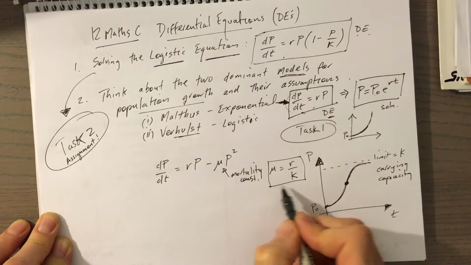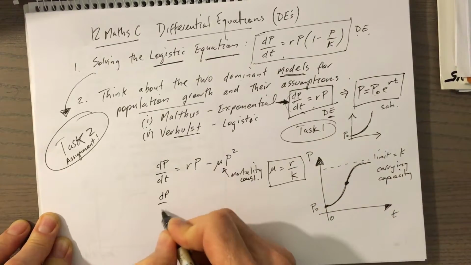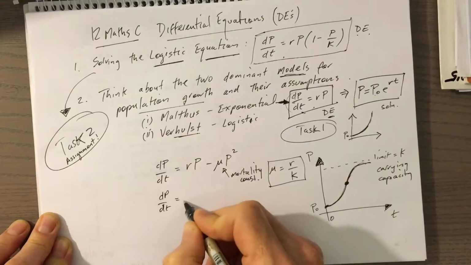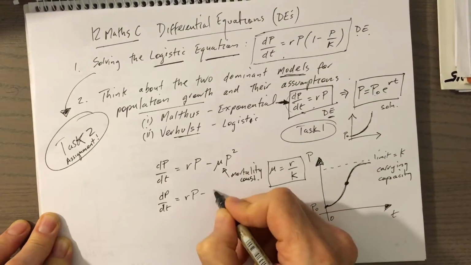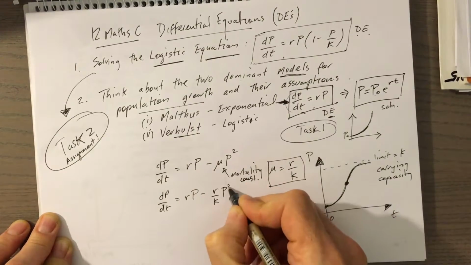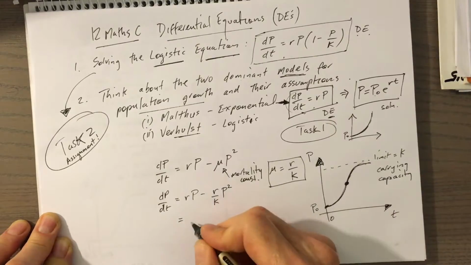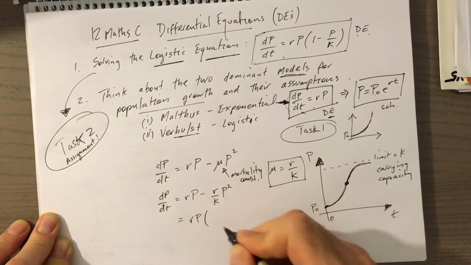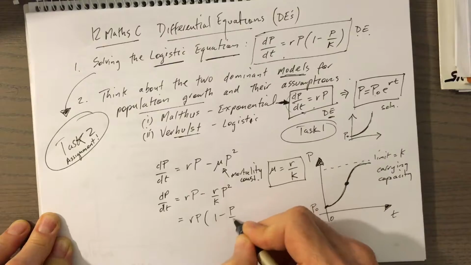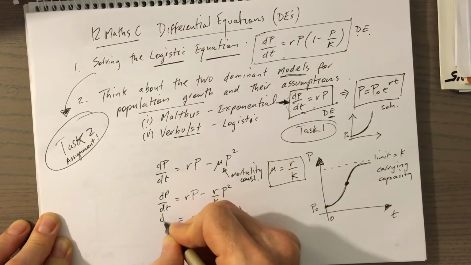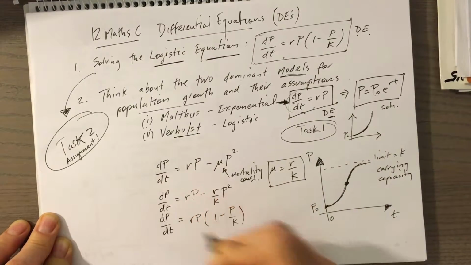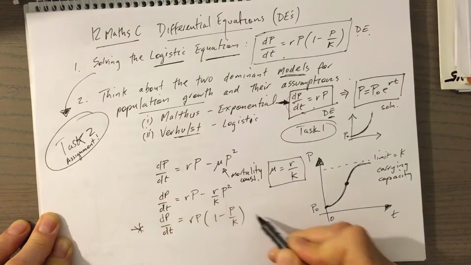So the carrying capacity is K, okay? So what we can do is we can then rewrite this as dp dt is equal to rp minus r over k p squared. And if we factorize that, we end up with rp outside of 1 minus p on k. And this is something like what you'll see on the task sheet, I think.